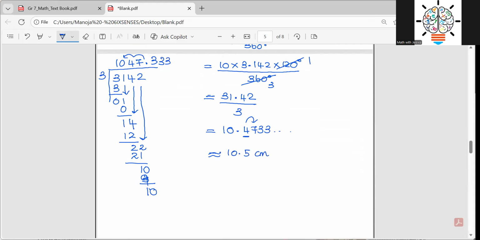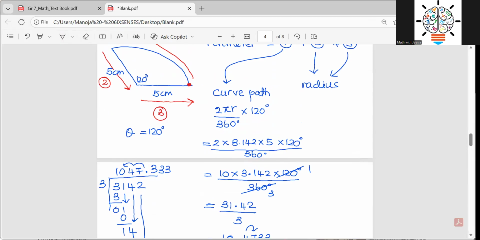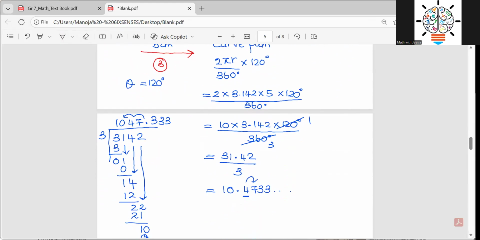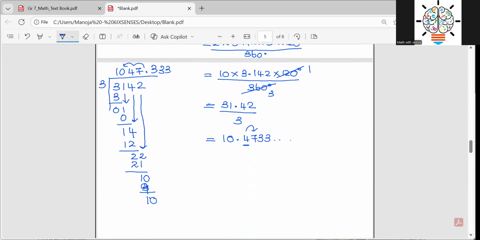centimeter. Oh no, I made a mistake here, children. I didn't add the straight paths. I'm still in the curved path. The radius, the curved path, you have 5 plus 5, no? So you want to add 5 centimeter and another 5 centimeter. Altogether, that becomes 20.4733.